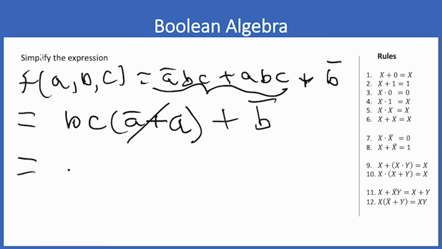So A plus A bar, anything plus its complement is equal to 1. So this is a 1. And any variable or term with variables in it, BC, times 1 is equal to that variable BC. So this is just equal to BC plus B bar.